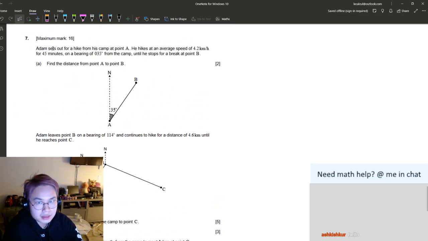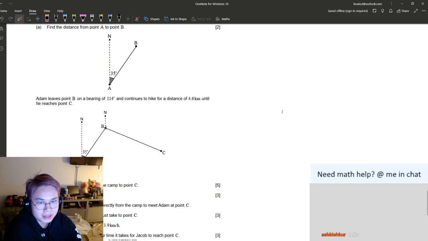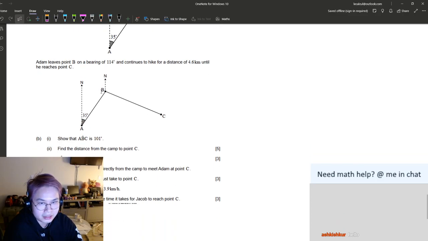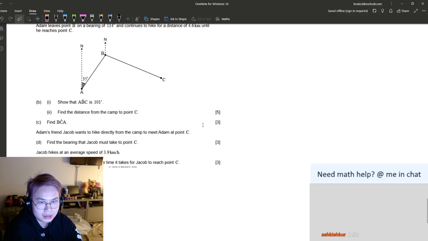Adam goes for a walk. His camp is at point A. He walks at an average speed of 4.2 kilometers per hour for 45 minutes on a bearing of 35 degrees. And then he stops at this point B. And then he changes direction and goes for a hike for this amount of distance until he reaches point C. And then I need to show that angle ABC is 101.